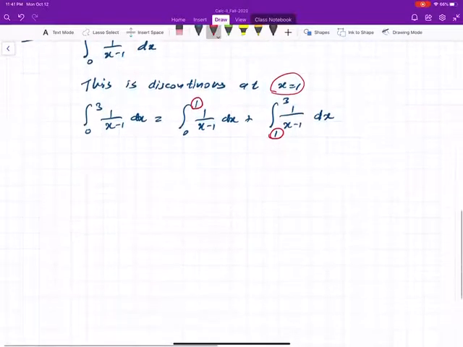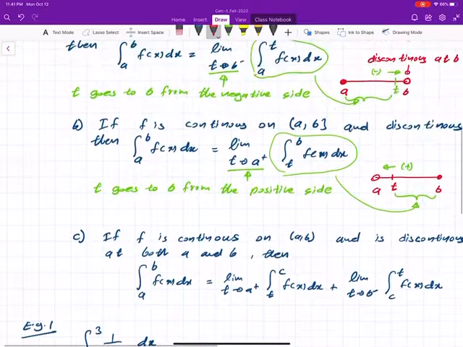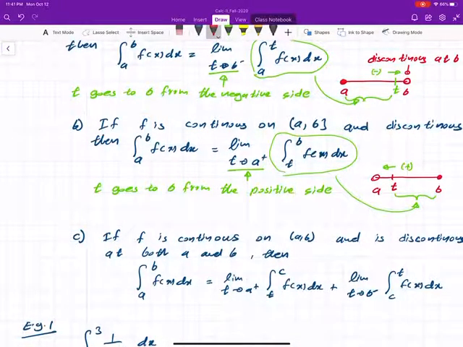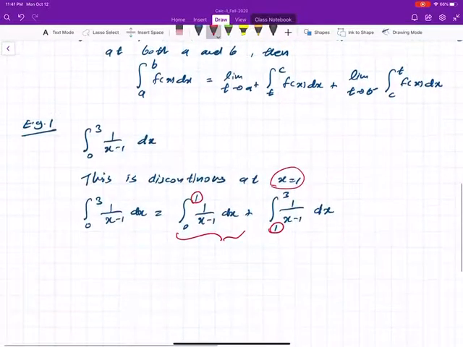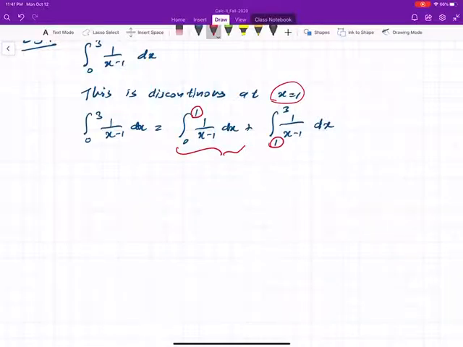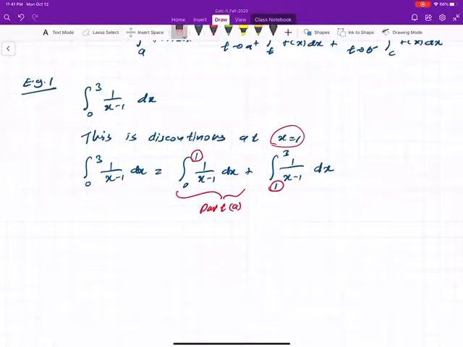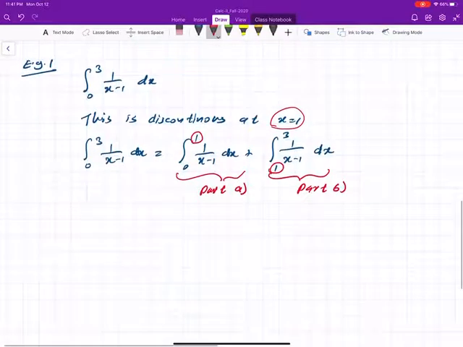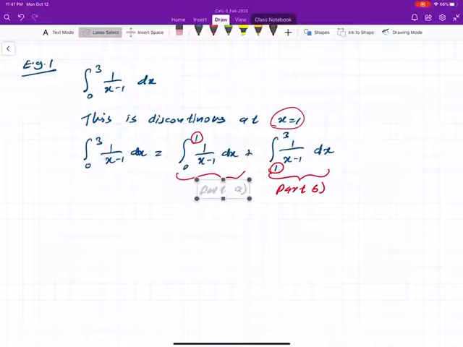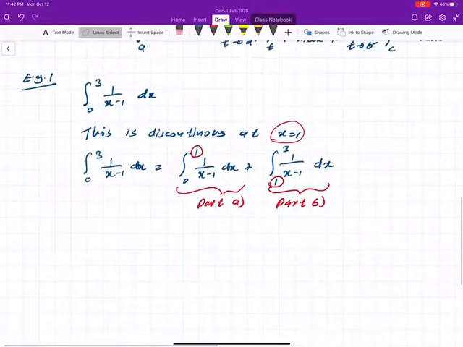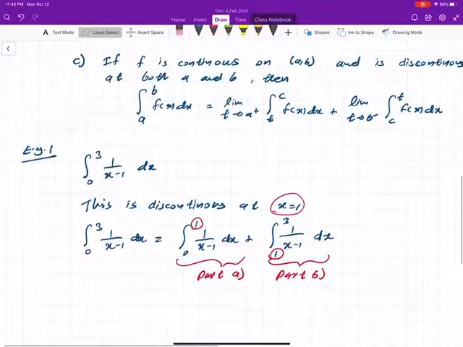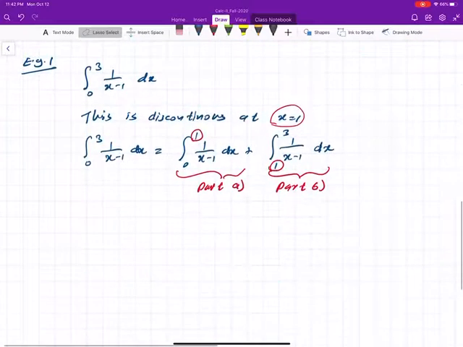For this part you could use part B. I'm sorry, for that you could use part A, and then for this you could use part B. All right, so go forward.